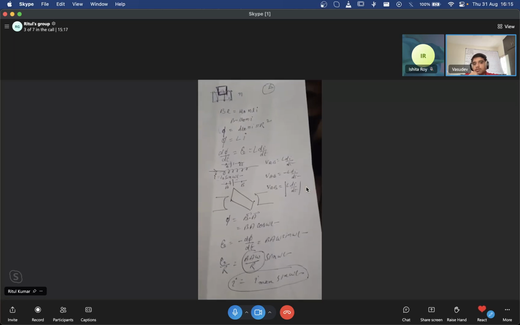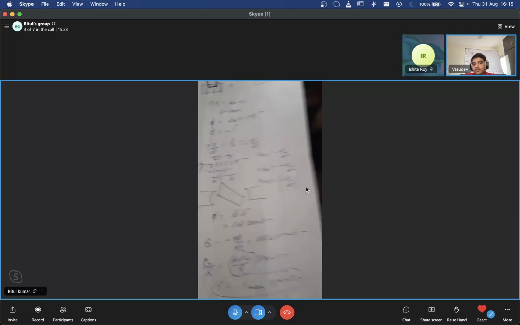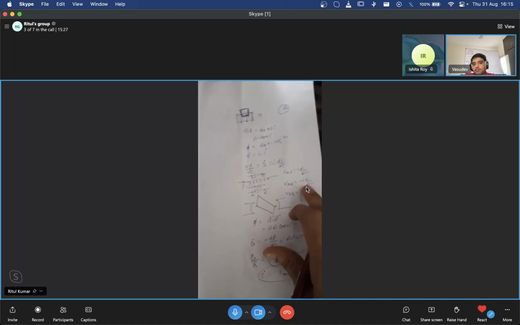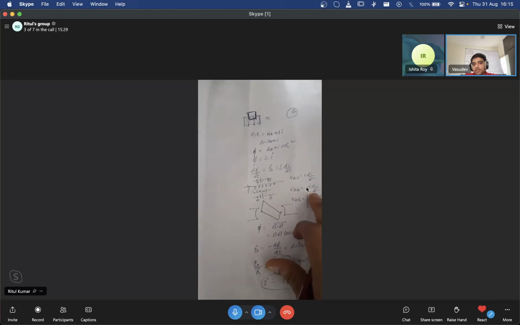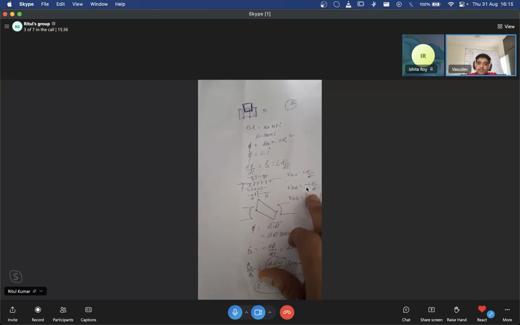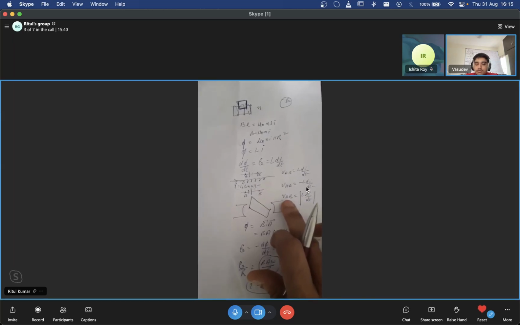Sir, but if you say VAB is L di by dt, that means A is always at a higher potential than B, right? That will happen in the case when di by dt is positive, right? Yes, sir. But then if you define VAB as equal to the modulus of something, that means VAB is always a positive value. Yeah, VAB will always be over here a value which is positive.